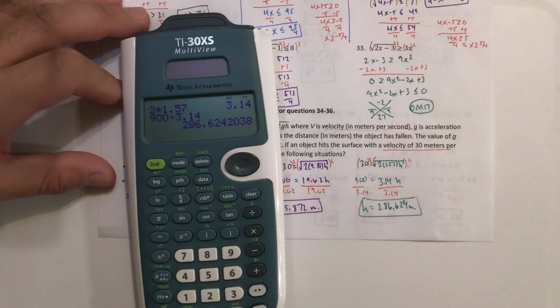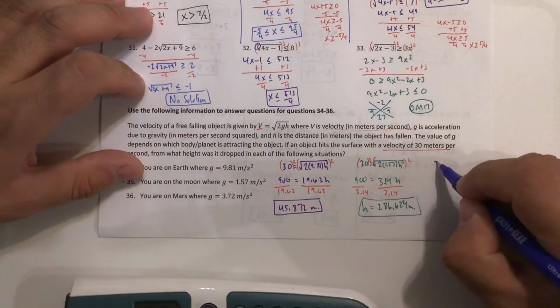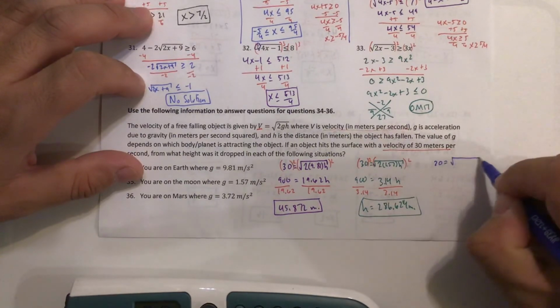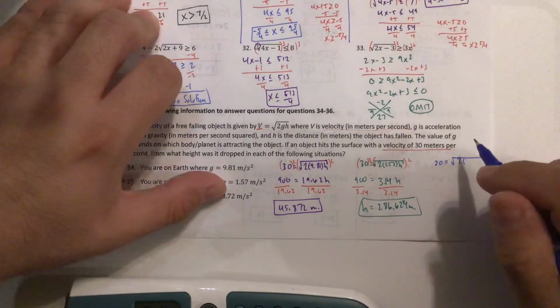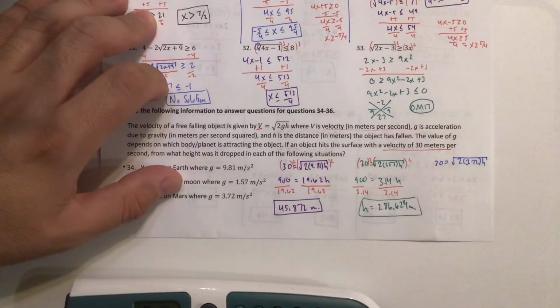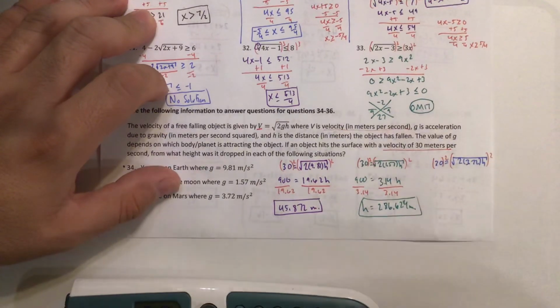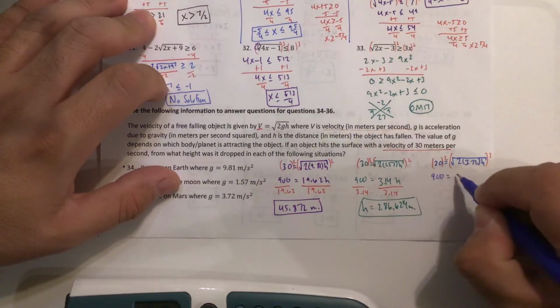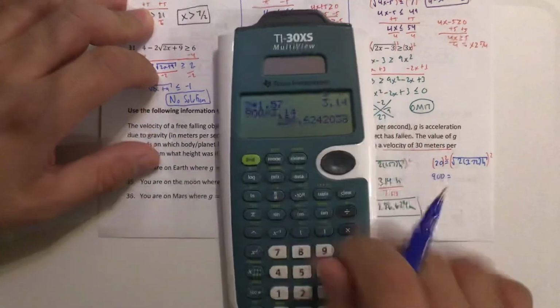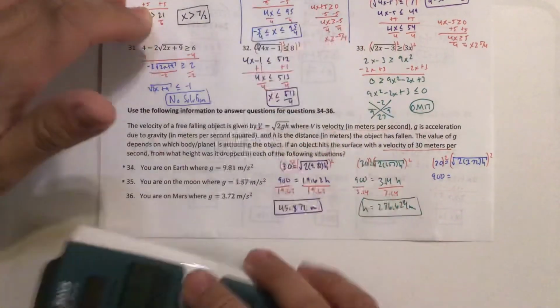All right, and then we have the last one here. So again, our velocity is 30, square root, 2 times our gravity is 3.72 h. So process is very similar, square both sides. So we have 900 equals, and then 2 times 3.72 is going to be 7.44.